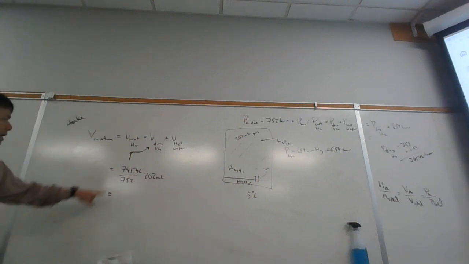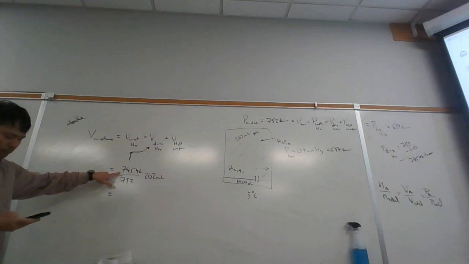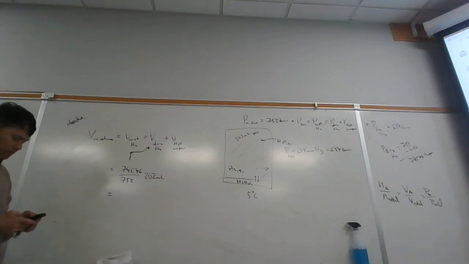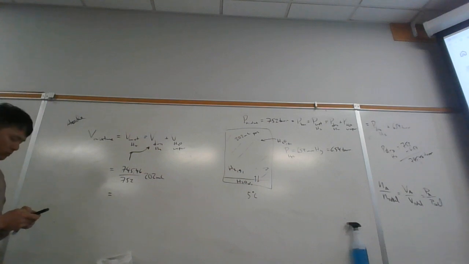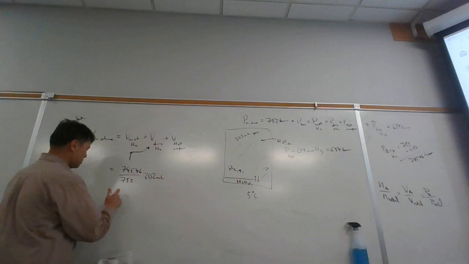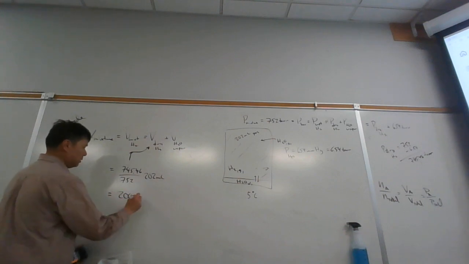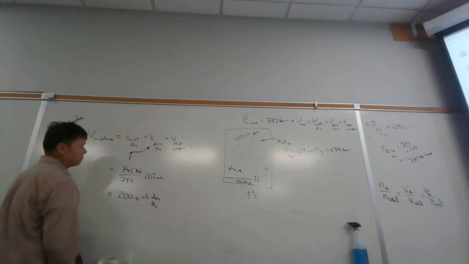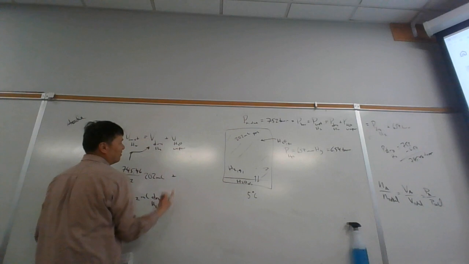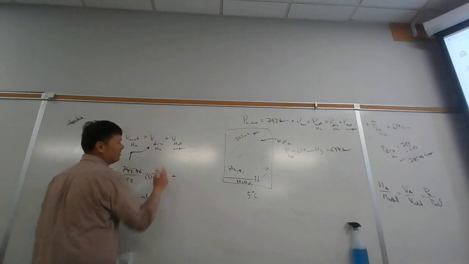And so the volume of the dry hydrogen would be 745.46 divided by 752 times 202. This gives us 200.2 milliliters of dry hydrogen. Plus, what volume of water vapor do we have?